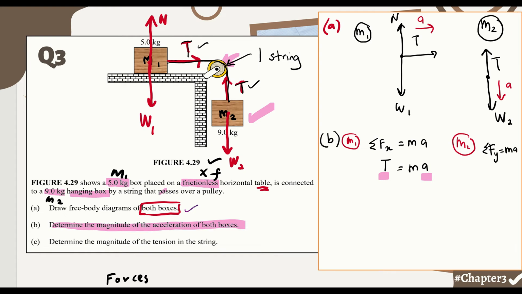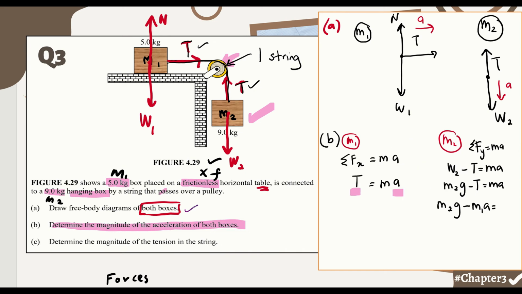So it's going to be W2 minus T is equal to M2a, so M2g minus T equal to M2a. Then we can substitute this value of T in this equation. Then the equation becomes M2g minus M1a is equal to M2a.